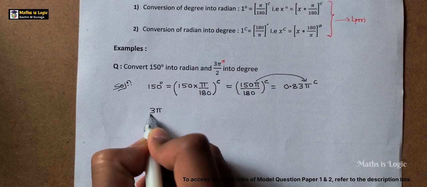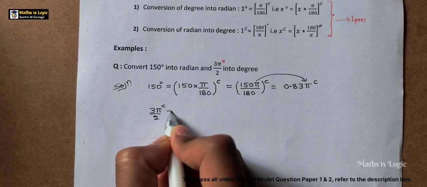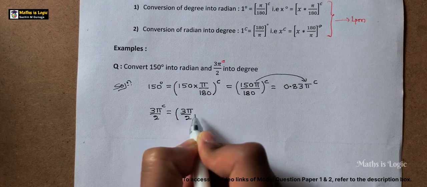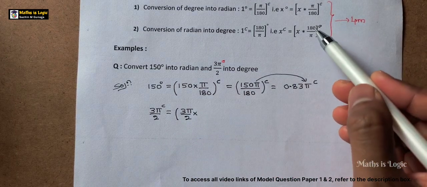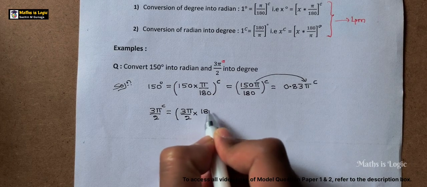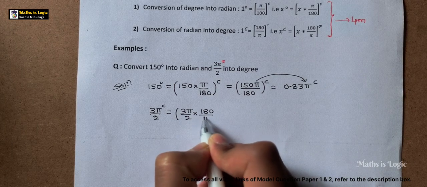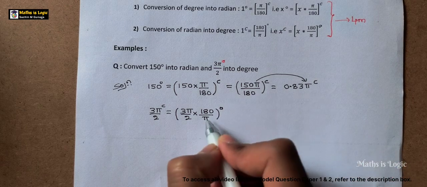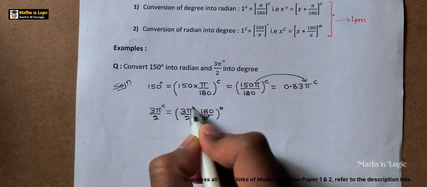Next, second, 3 pi divided by 2 radian into degree. For this 3 pi divided by 2, we need to multiply with 180 divided by pi. Then only it will convert into degree. So at that time, cancel pi and pi.